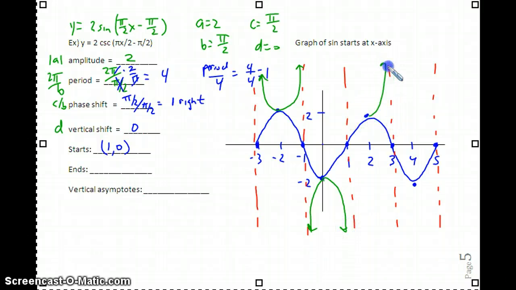I'd come up for this one. And I would go down for this one. And again, that green graph is the actual graph. So if I finished the rest of this off, the first period ended here, and the vertical asymptotes were occurring wherever the sine was equal to 0.